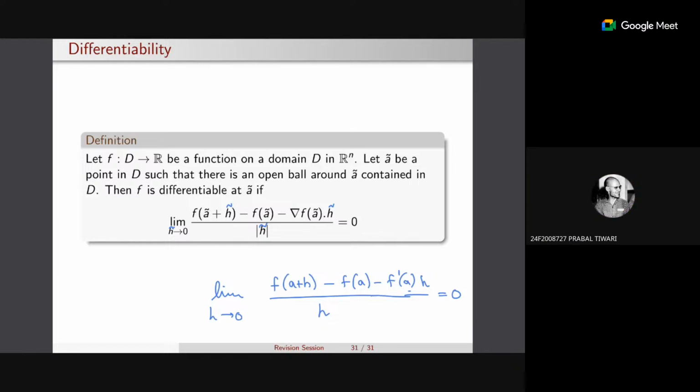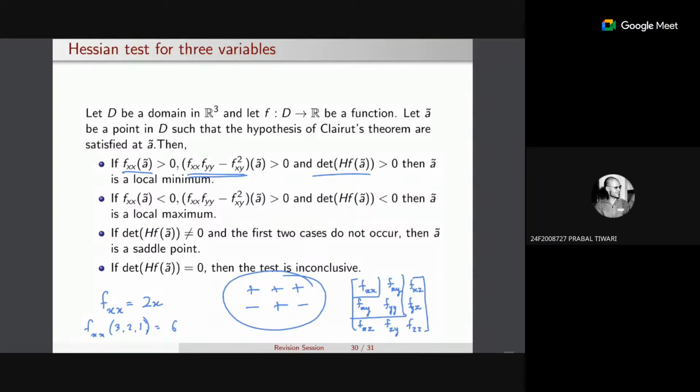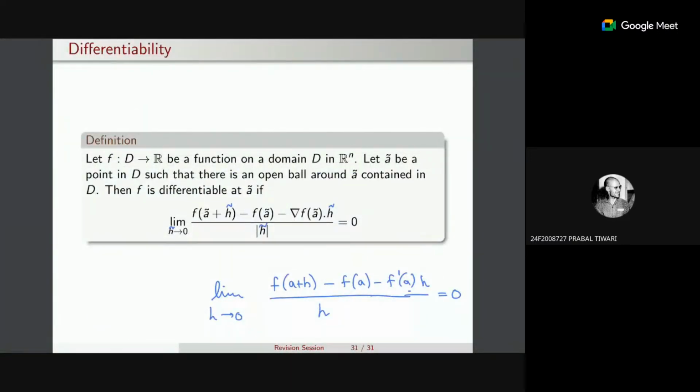One small doubt, sir. What do you mean when you say a well-behaved function? Strictly speaking, you very strictly don't even need well-behavedness.